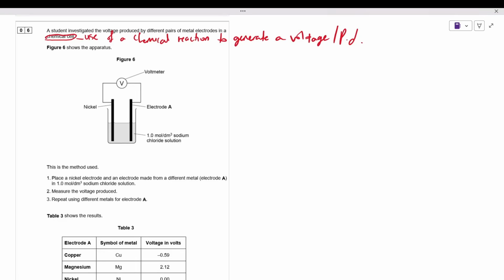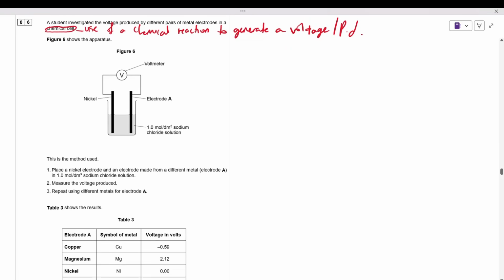So based on this experiment, it says they placed a nickel electrode and an electrode made from different metals, that's electrode A, in 1 mole per dm cube solution of sodium chloride. So they measure the voltage produced and they repeat it with different metals in the position where electrode A is.